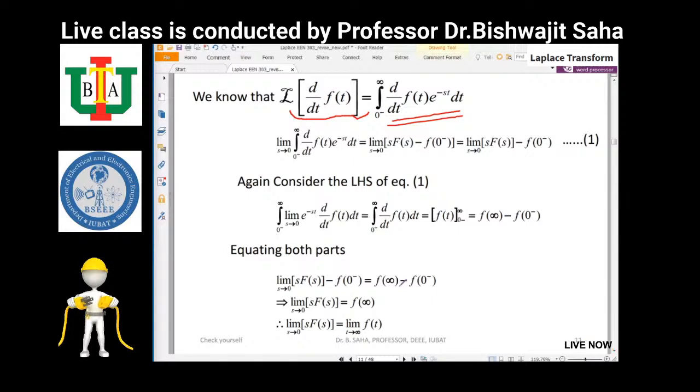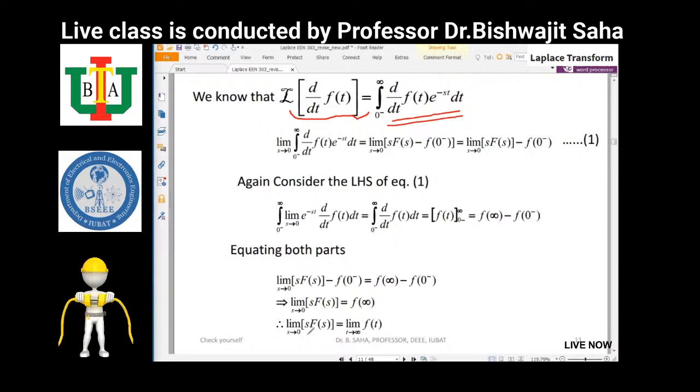So in that case, what would be the theorem? The final value theorem is the limit s tends to 0 of s F of s equals to limit t tends to infinity f of t. The information from here is that F of s is the function in the frequency domain or s domain.